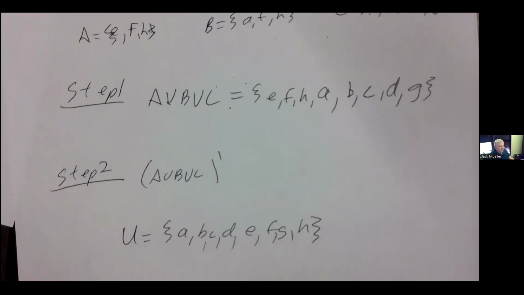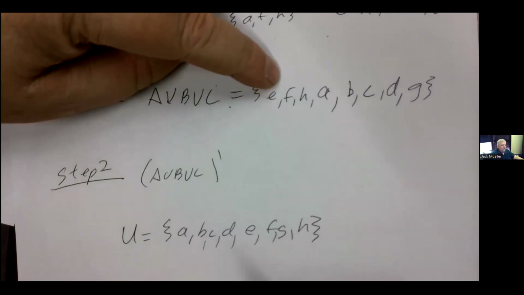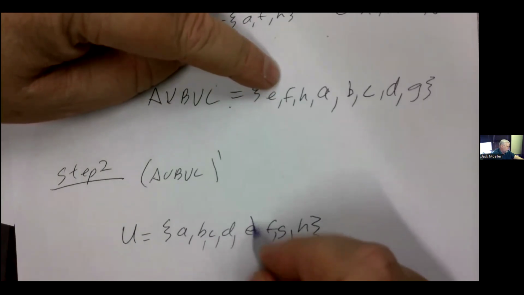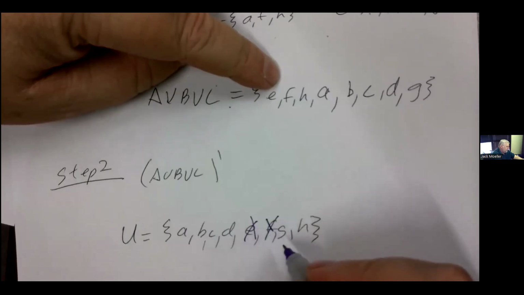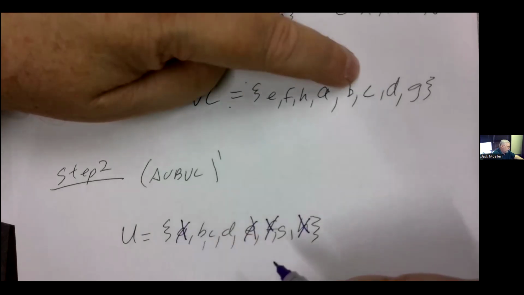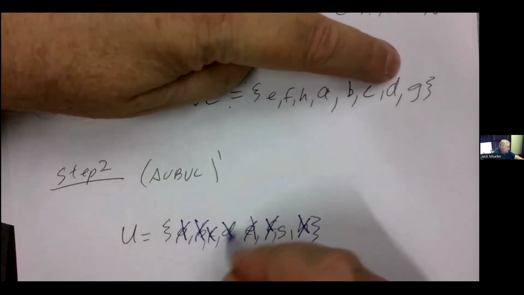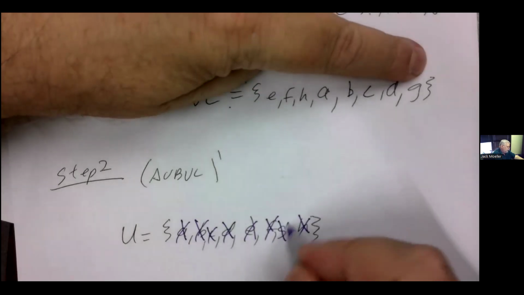Well, we're taking the complement of this set, so we go to the universe and cross each one of those out. So we don't want E, F, H, A, B, C, D, G.